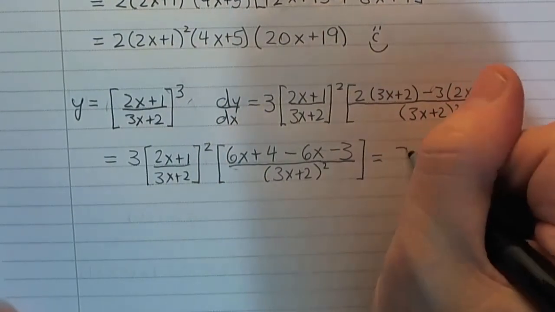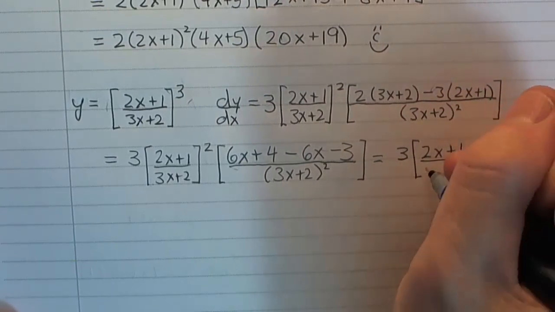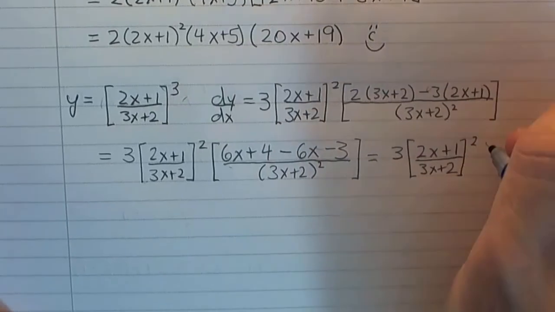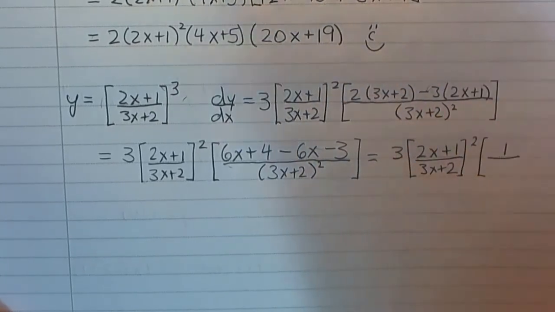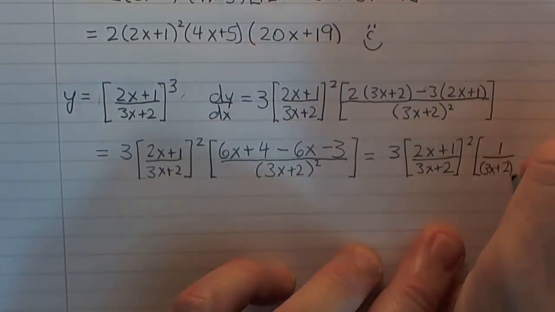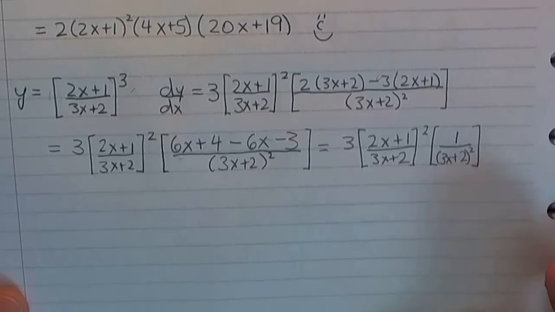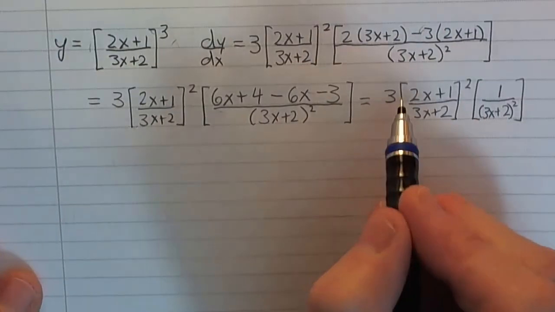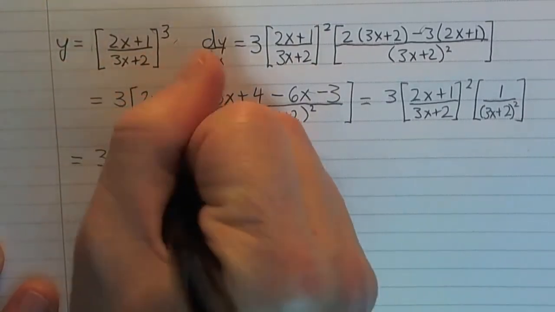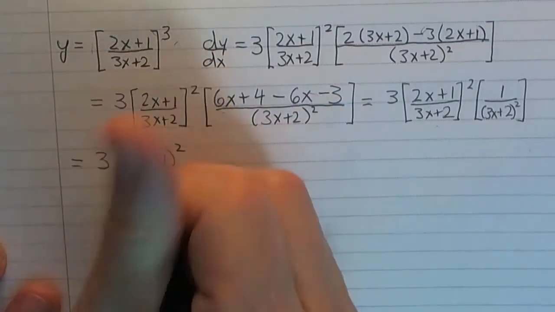So let's see what we've got here. We've got 3 times 2x plus 1 over 3x plus 2, and then we've got 1 over 3x plus 2 squared. There's my derivative. Now I can actually clean it up a little bit more, because I could recognize this as 3 times 2x plus 1 squared, and then 3x plus 2 squared times 3x plus 2 squared.